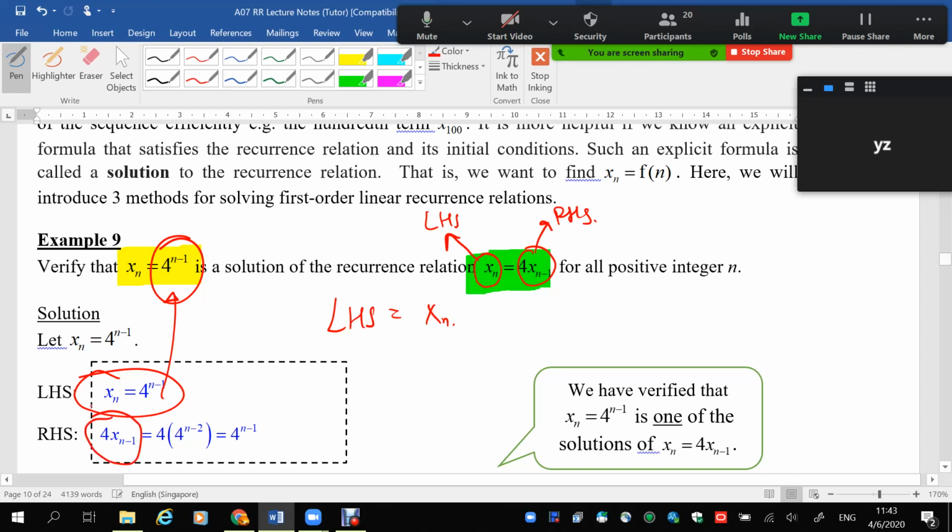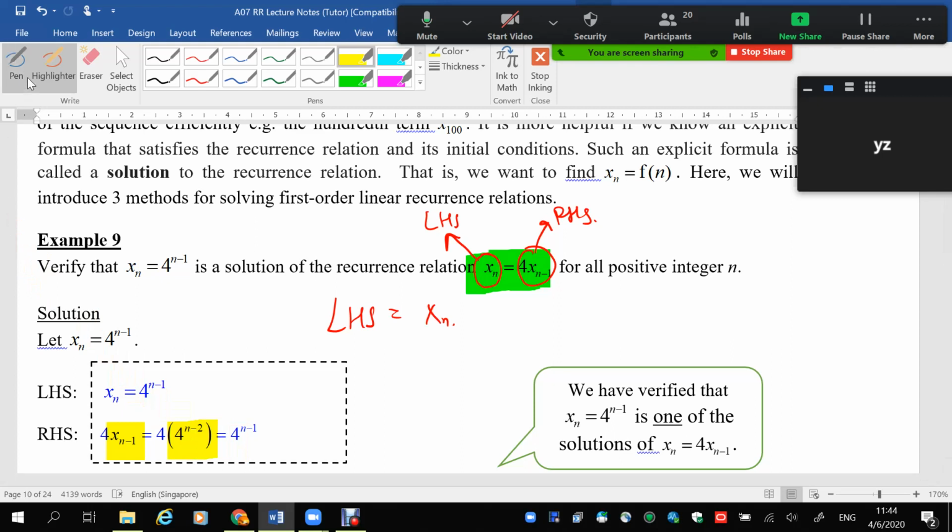I want you to focus on this section that I'm highlighting in yellow, x subscript n minus 1. How do I move from this line to this line? I have replaced my x subscript n minus 1 by 4 to the power n minus 2.